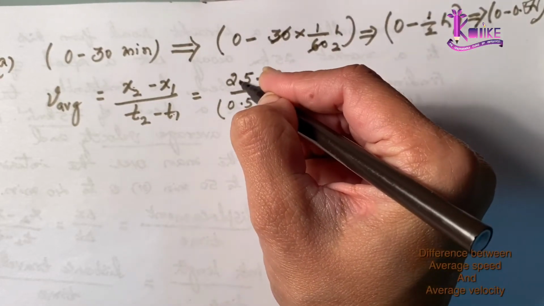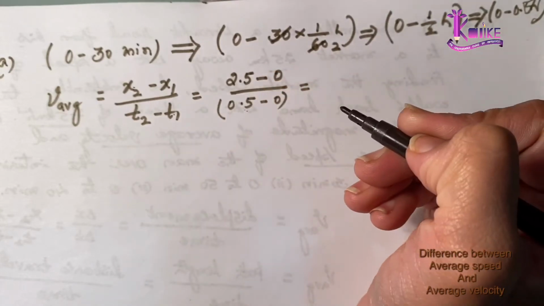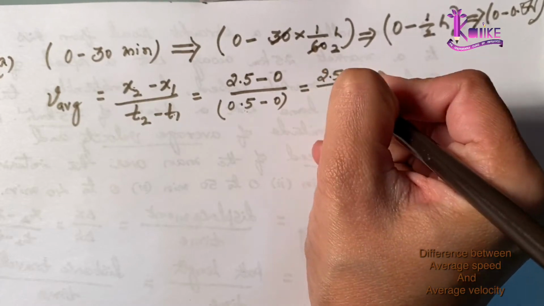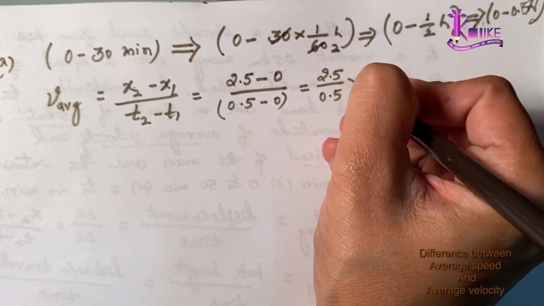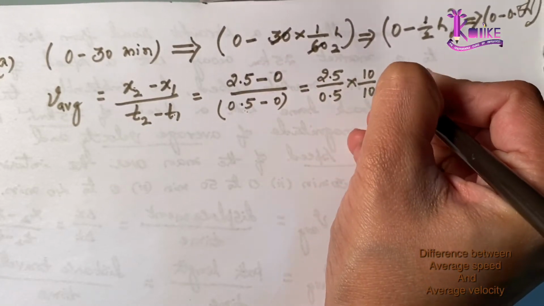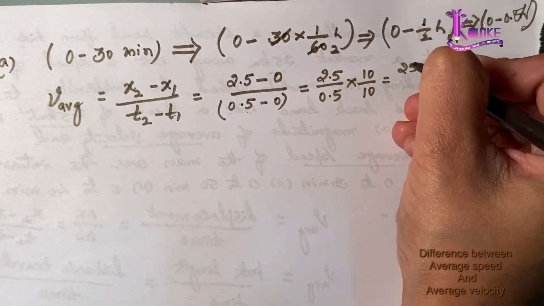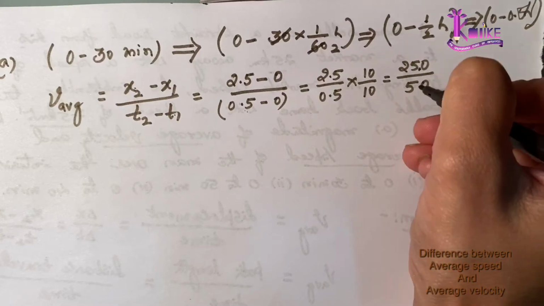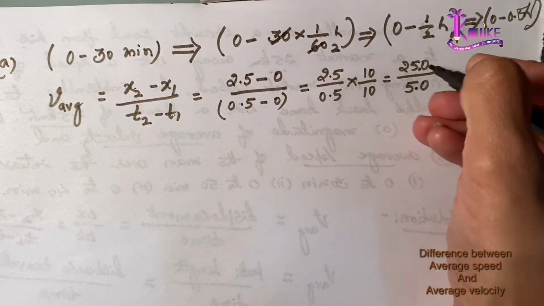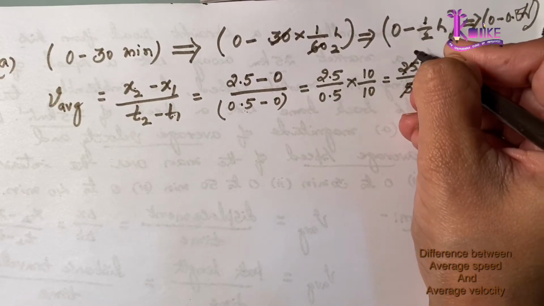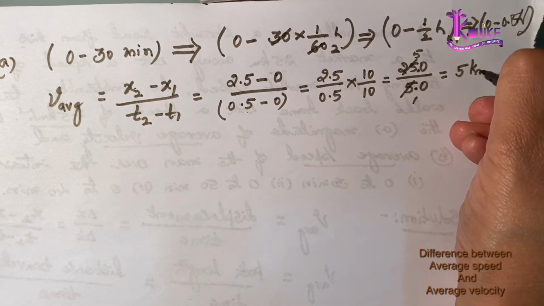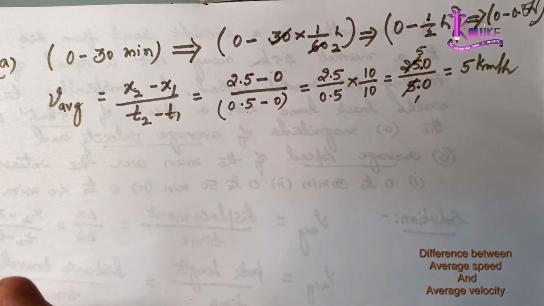Now since the numerator and the denominator have a decimal point after single digit, we multiply it by 10 by 10. So this will be again 250 divided by 50. So you keep the decimal point after single digit, and this is 5 ones are 5 times. So this is nothing but 5 kilometer per hour.